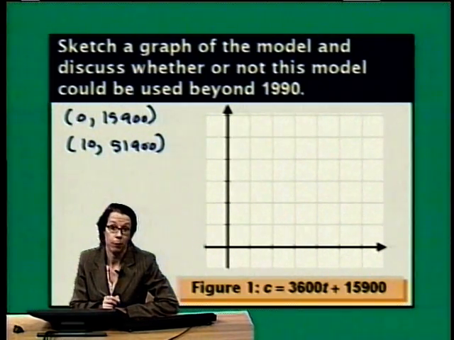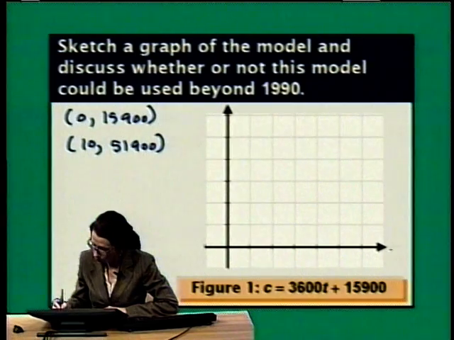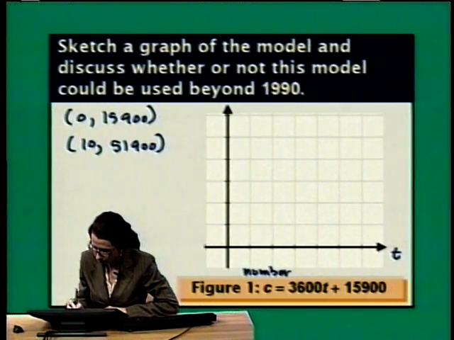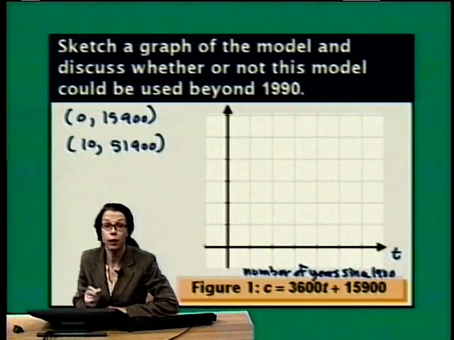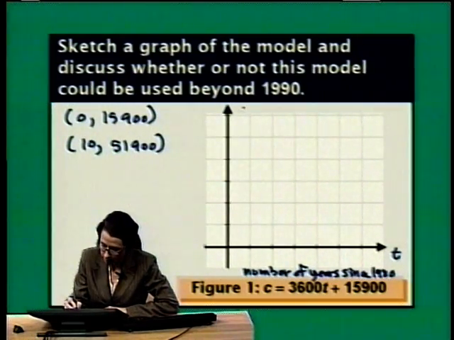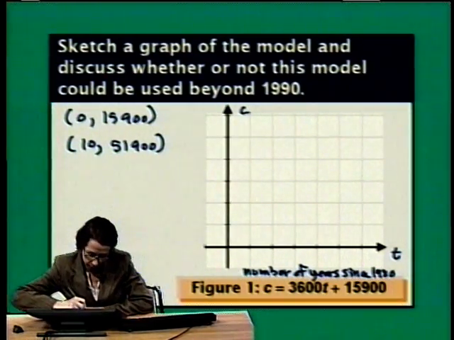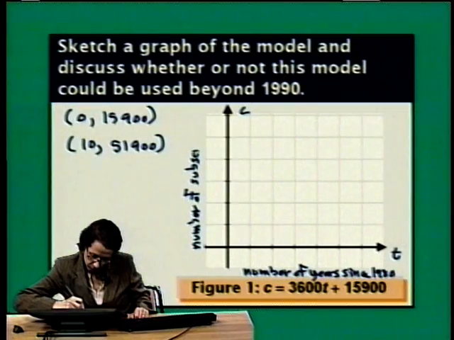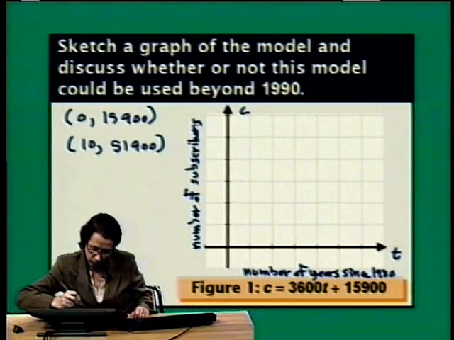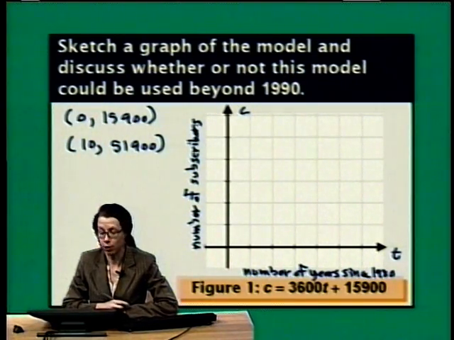Now I need to label and scale the axes. So, number of years since 1980 will live on the horizontal axis, and the number of cable subscribers will live on the vertical axis.